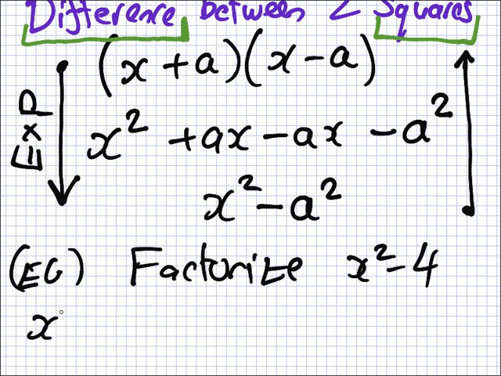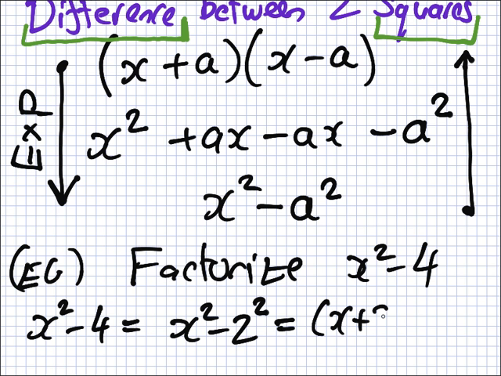So x squared minus 4 equals x squared minus 2 squared, right? And then if I use my rule here, that should be x plus 2, x minus 2. Okay? That's okay, isn't it? You probably have all done this one before.